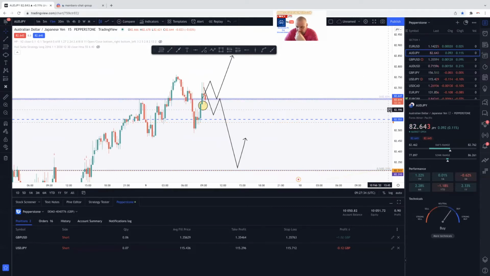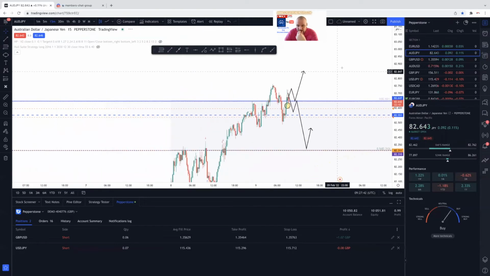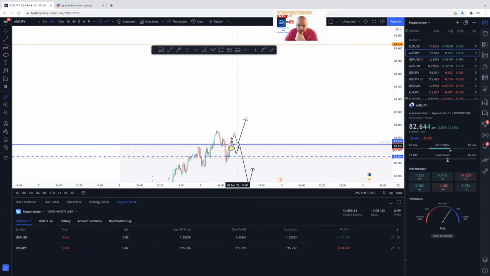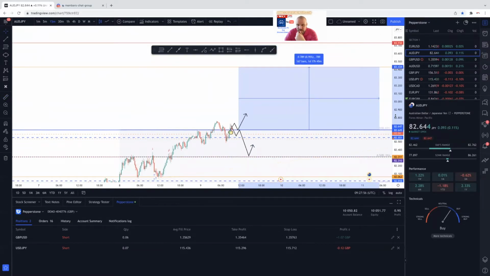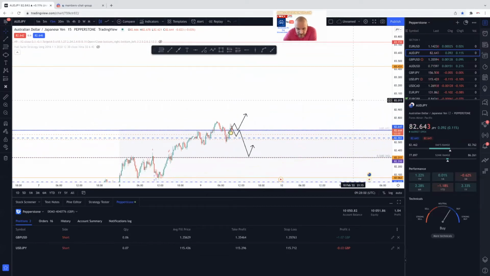I'll set an alarm there. This might continue up, to be fair. Let's get rid of that trend line from before. Pip movement between that to the weekly is 80 pips. Well, there's a good movement there, to be fair.